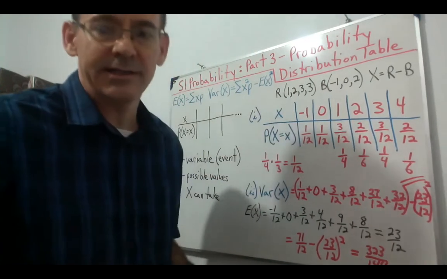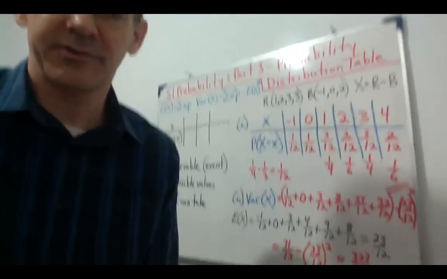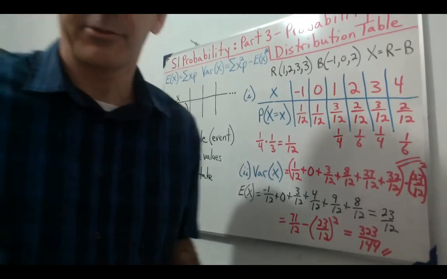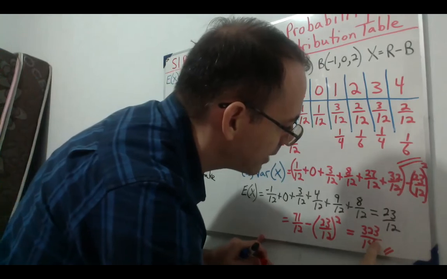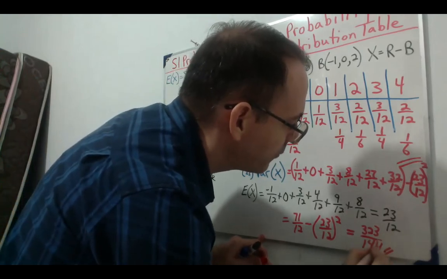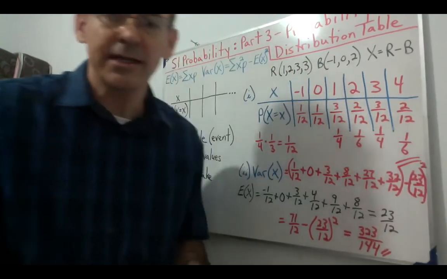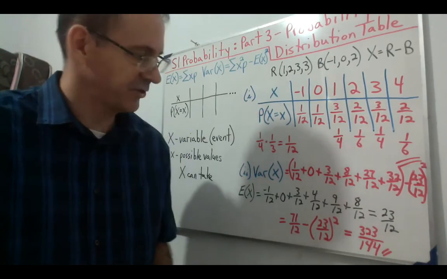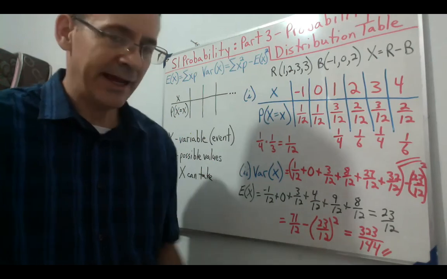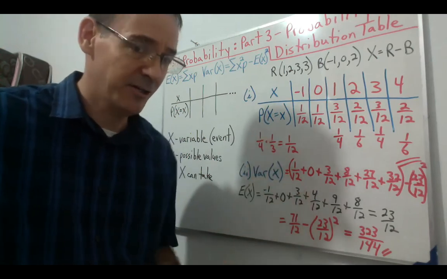Kind of an ugly number. Let me show it so that you can see it here. 323/144, that's a 144, not a 149. Kind of an ugly number, but you can check the mark scheme. It's correct. So don't panic if it doesn't really look good.